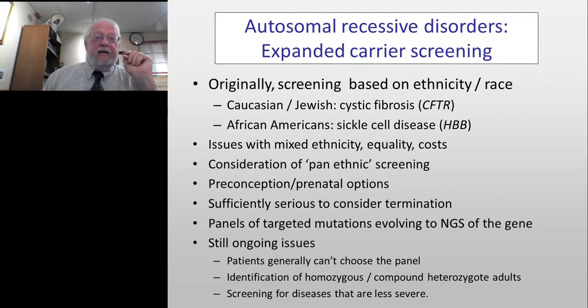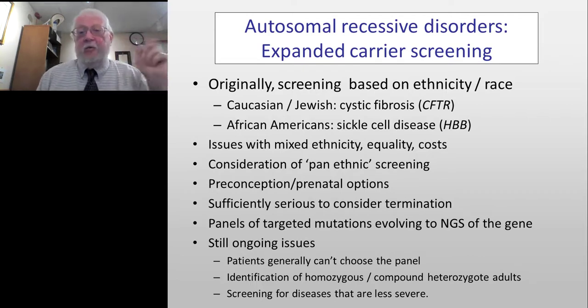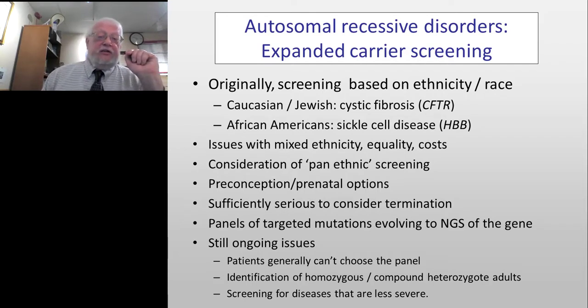So instead of looking at, for example, in CFTR, the 23 from ACMG, or the 100 and whatever that are known to be deleterious, they'll just sequence it and use their next-gen sequence variant calling algorithms to determine whether it's pathogenic or not.